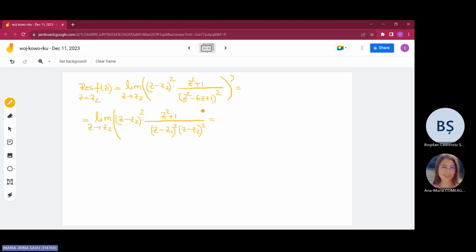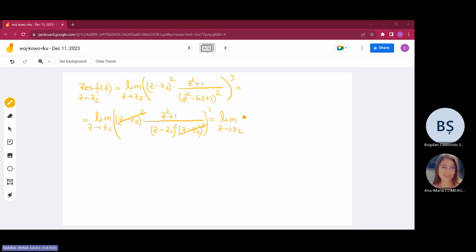And then you have to take the derivative of this. So you have a simplification here, and you have the limit when z goes to z2 of f over g.